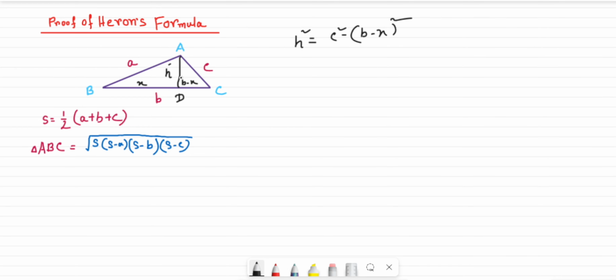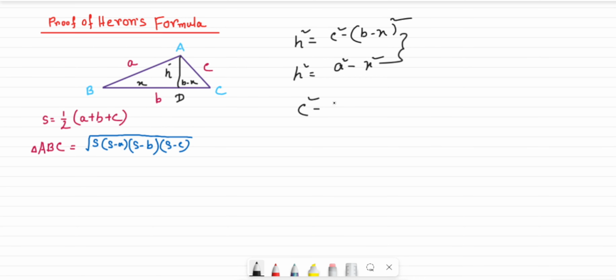So by Pythagoras theorem, H square plus B minus X whole square equals C square. So if we change the side, then H square would be C square minus B minus X whole square. For this triangle, it would be H square equals A square minus X square.